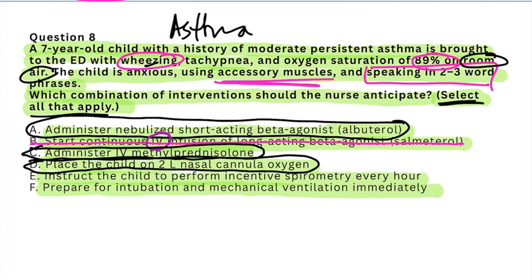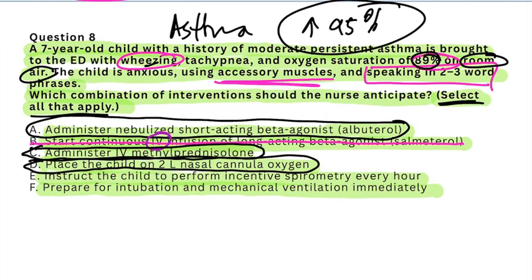Even though the patient is at 89%, we want to bump that up to at least 95%. So giving 2 liters nasal cannula would be a good option. Letter E, you don't have time to do incentive spirometry at this time. That's not a priority, right? So that's an incorrect answer.